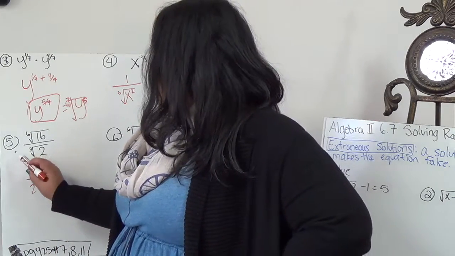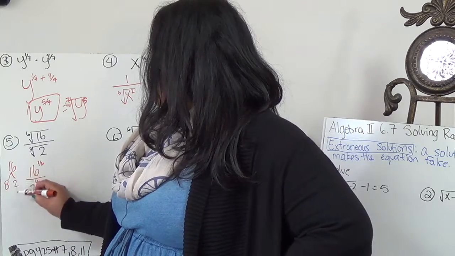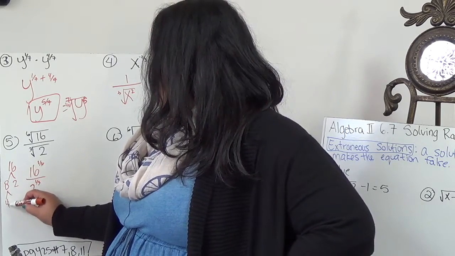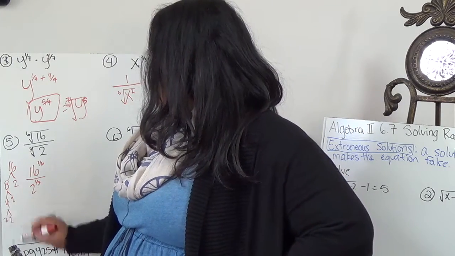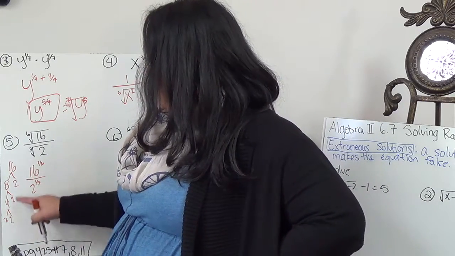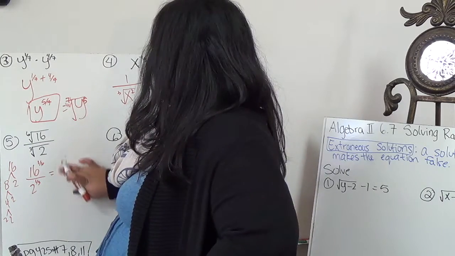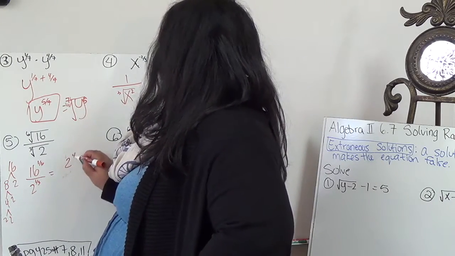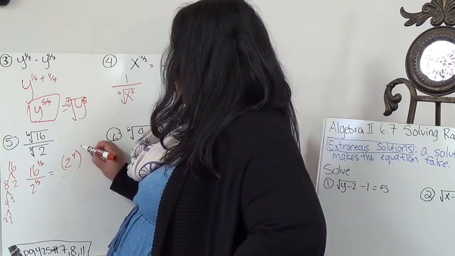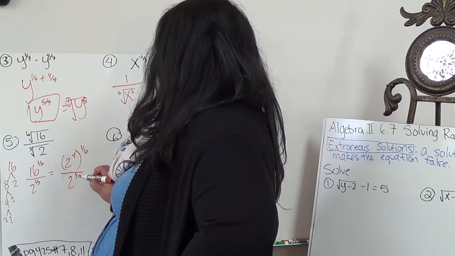So we have 16 is 8 times 2, 4 times 2, 2 times 2. So this base is 2. And I can rewrite 16 to be 1, 2, 3, 4, so this would be 2 to the 4th. I haven't changed anything because 2 to the 4th is still 16 to the 1/6 over 2 to the 1/3.